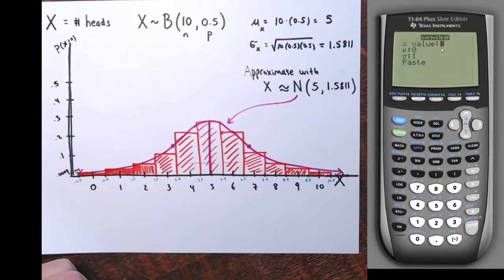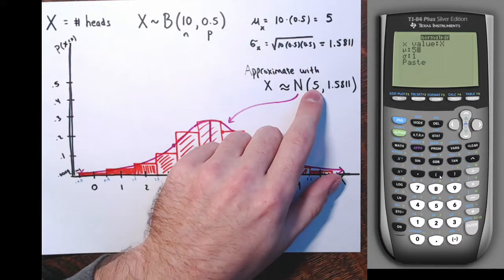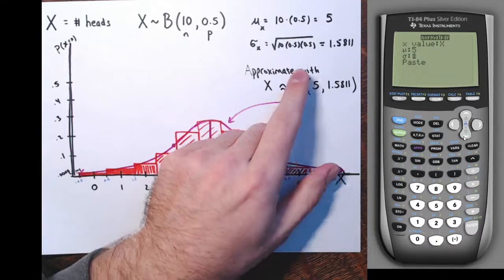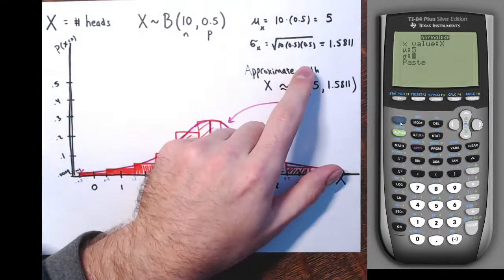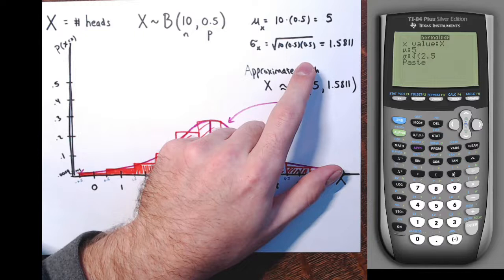So for the x value, just enter the variable x. And then mean 5. We said mean 5. And for standard deviation, I'm going to make it a little more accurate. I'm going to put in the square root of 2.5, right? 10 times a half times a half, and the square root of that.